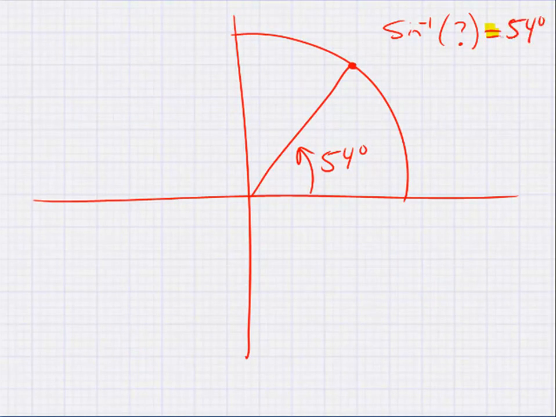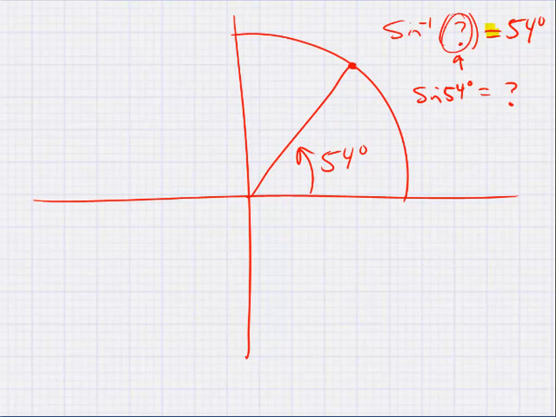Let me back it up for a second. I took the inverse sine of something and I got 54 degrees, which is the same thing as saying the sine of 54 degrees equals this something here.